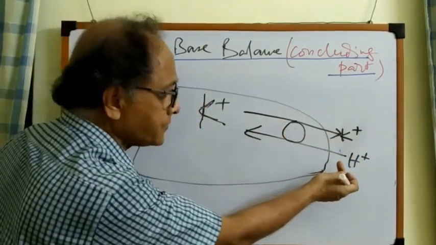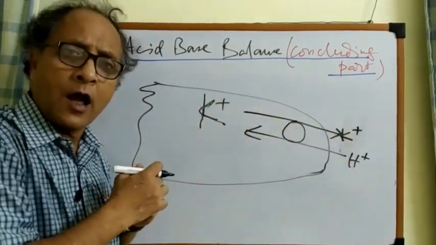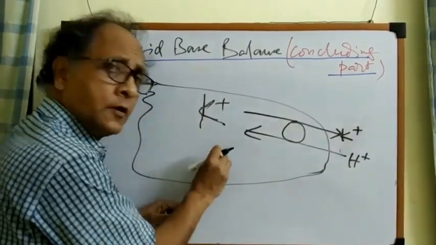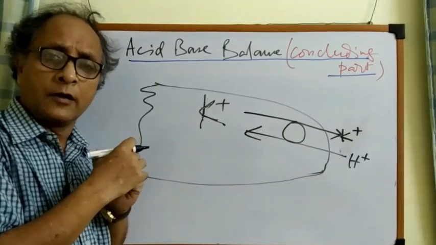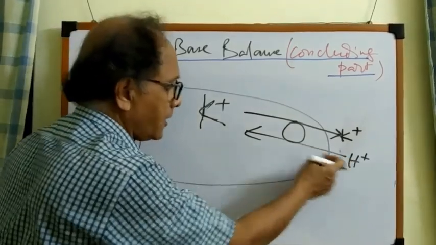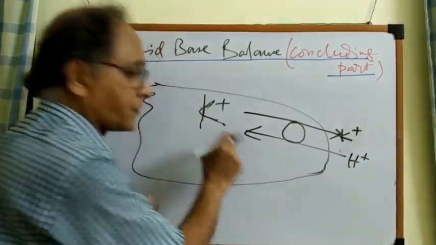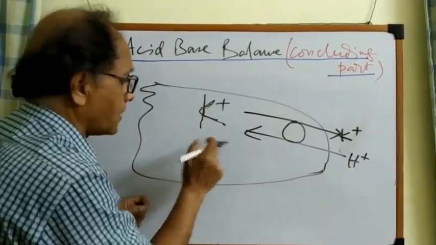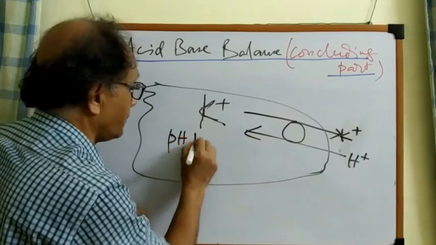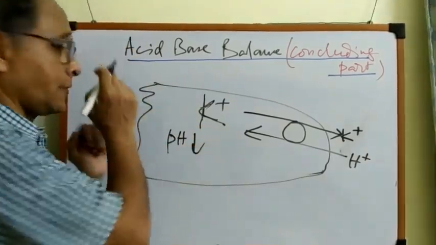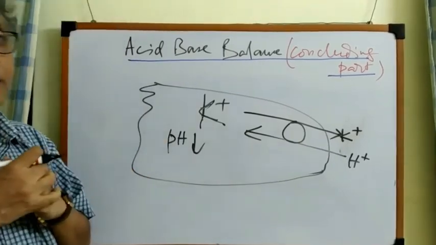Whenever there is hypokalemia, there will be greater tendency of potassium loss out of the cell. Now in order to maintain the intracellular electrical neutrality, especially due to the presence of a lot of intracellular impermeant anions, hydrogen ion will get in, and as the hydrogen ion gets inside the cell, the intracellular pH will fall, and that will affect the hydrogen ion secretion.